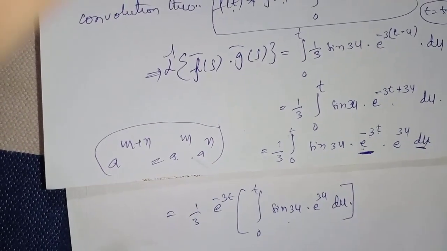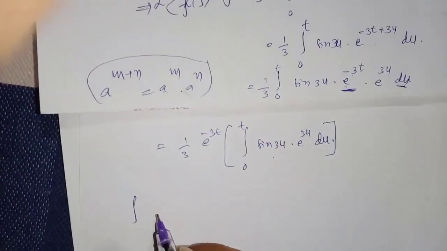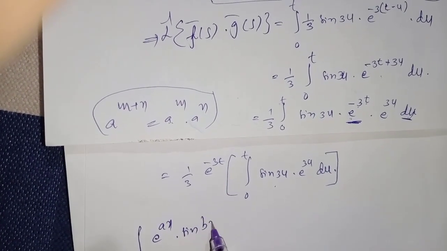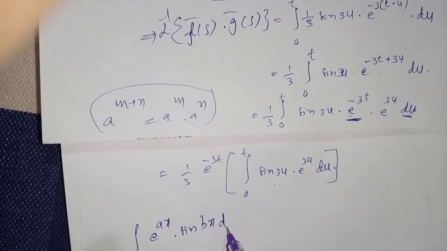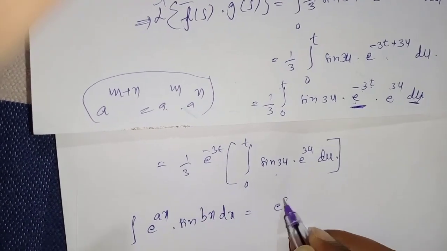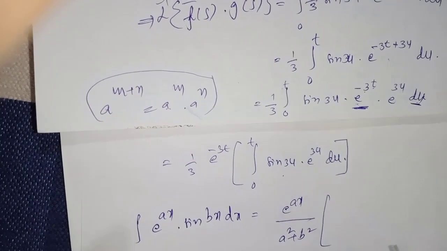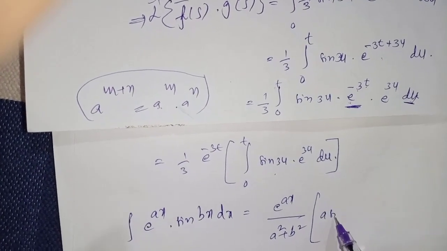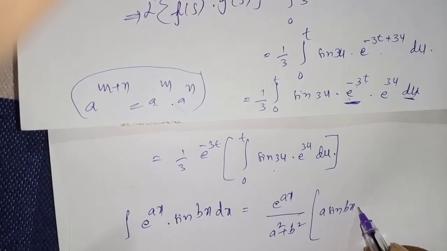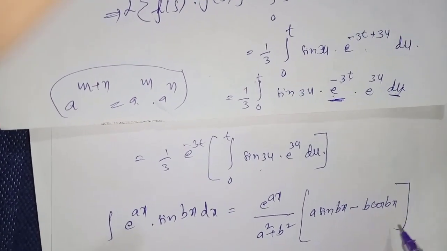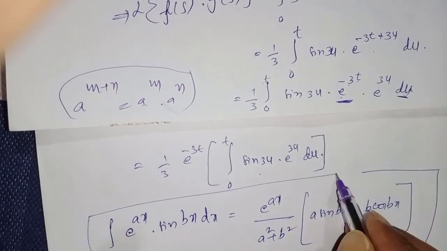So this is the formula of integral of e to the power of ax sine bx dx is equal to e to the power of ax by a square plus b square into a sine bx minus b cos bx. This is the formula of this one.